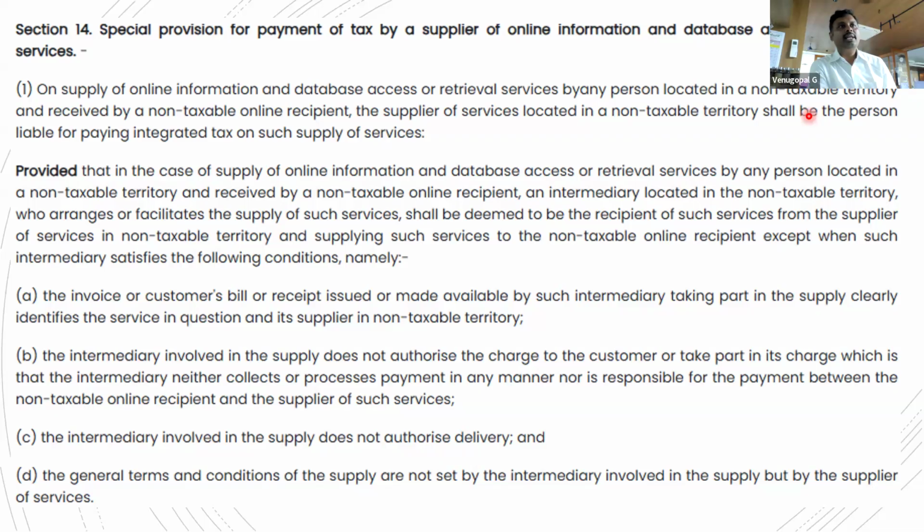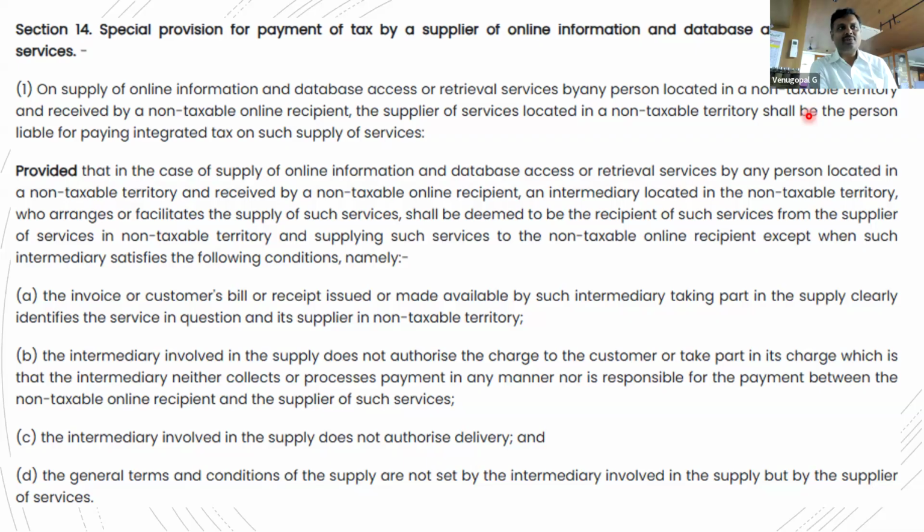No, no. So let's say you are an individual who has designed and developed the app. You are saying $10 per download installation, and you have uploaded that app in the Google Play Store console. You are a person from, let's say, Australia. I am here in India downloading and buying that app, paying $10. In no way are you an OIDAR supplier, because you are not the one providing the service to me.